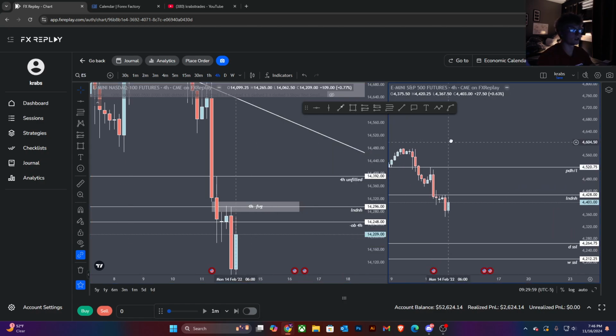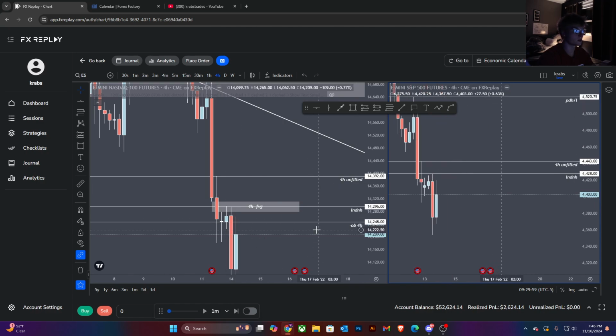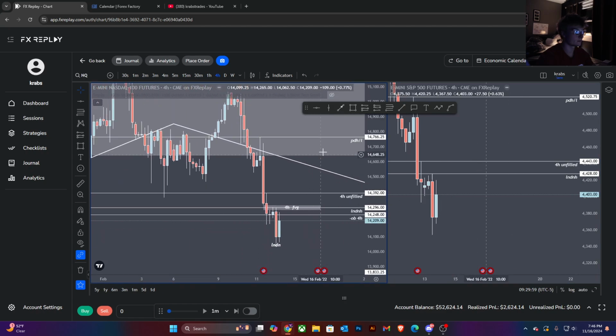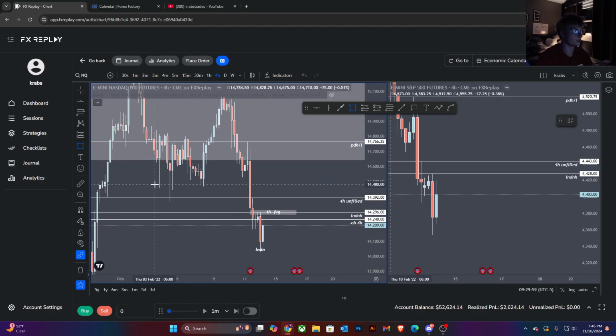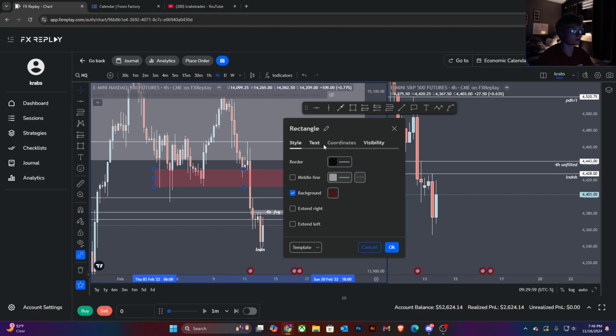We're gonna keep that in mind. We'll mark it up on ES as well. But yeah, high, low, high. Also got this whole area here is like a breaker. Could see rejection if we do tap into this area.